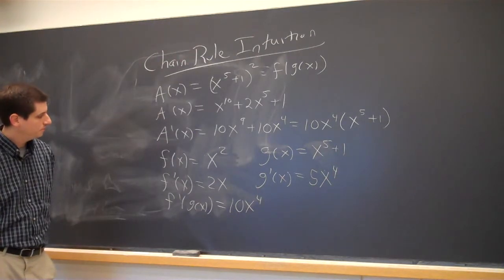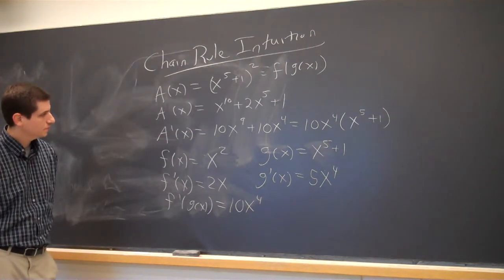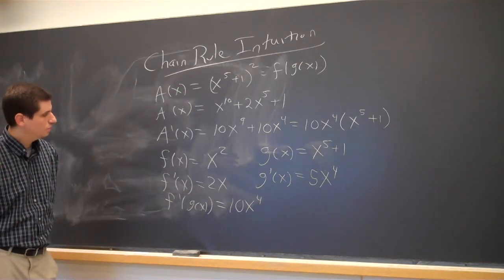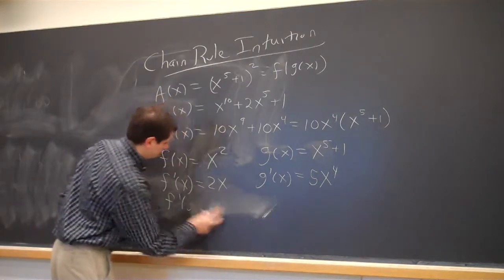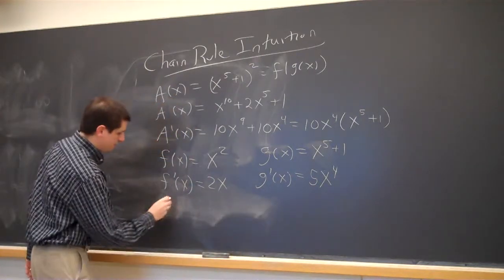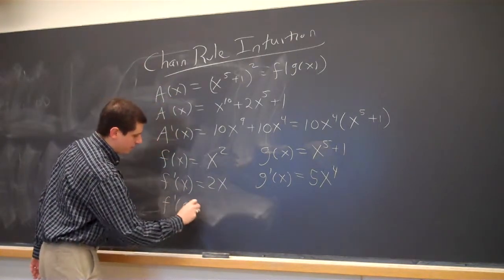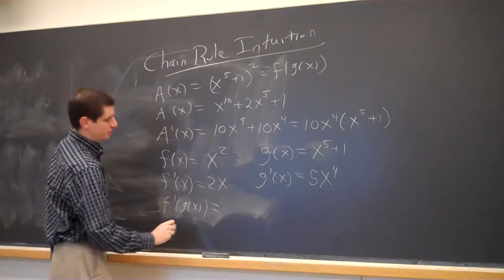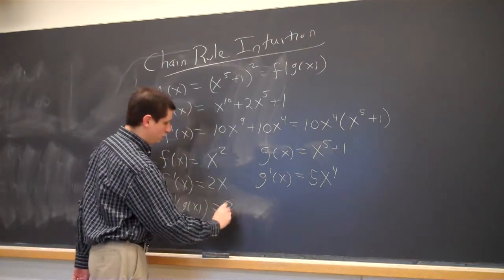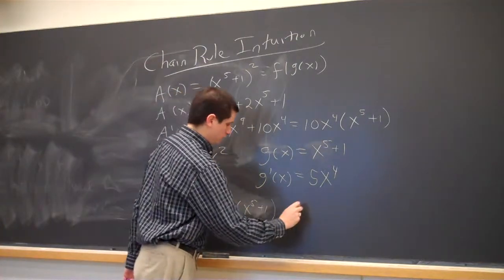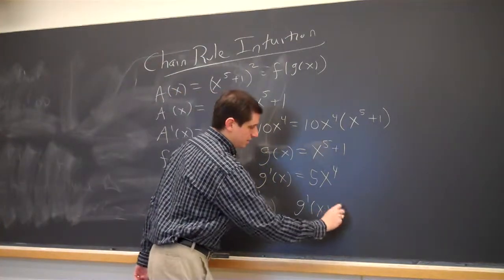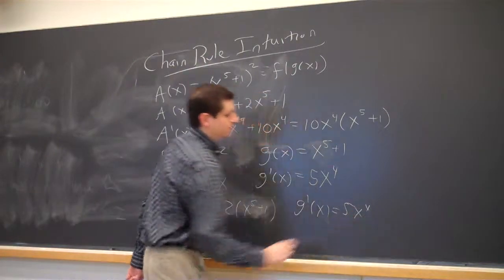Because if it's f prime of g of x, yes, you're right, thank you. Sorry. F prime of g of x is going to be 2 times x to the 5th plus 1, and then g prime of x is 5x to the 4th, thank you.